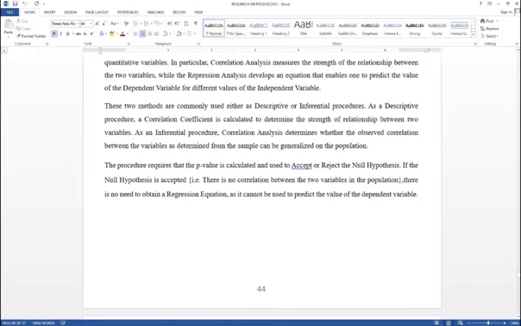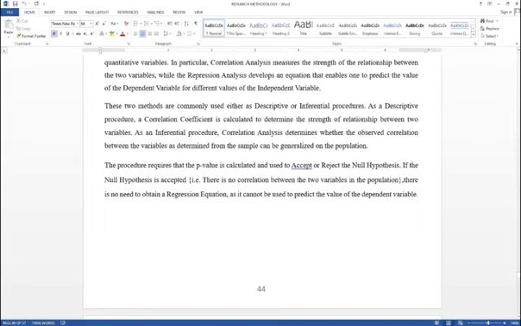The procedure requires that the p-value is calculated and used to accept or reject the null hypothesis. If the null hypothesis is accepted, that means there is no correlation between the two variables in the population.